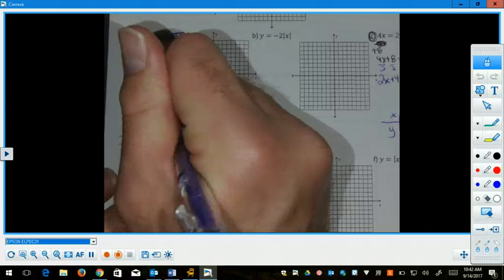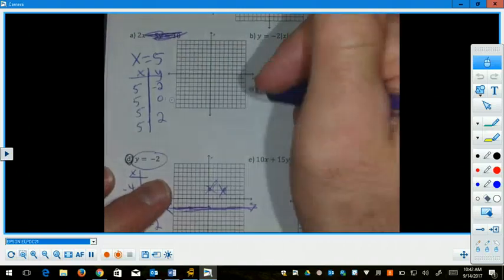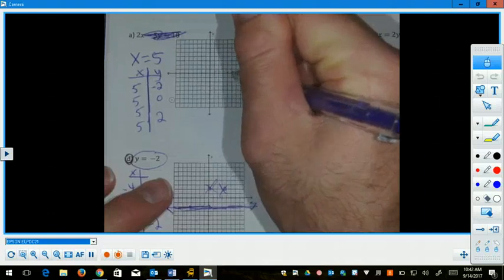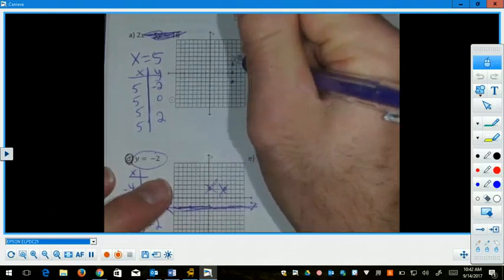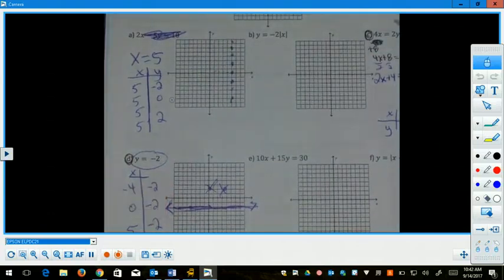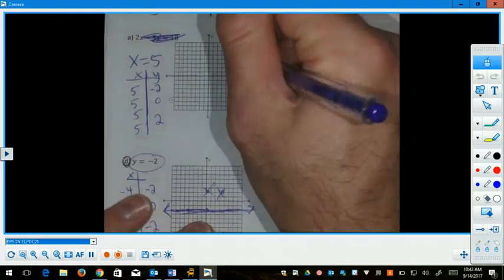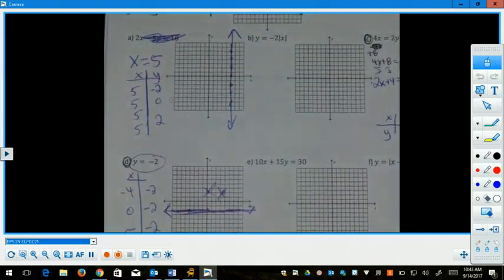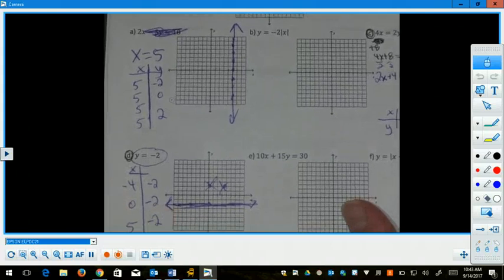It doesn't matter what the y is, x is always 5. So I'm at 5, 0, and 5, 2, and 5, -2. All of these points, it doesn't matter what the y coordinate is, the x is always 5. It is a vertical line. Any questions on that?